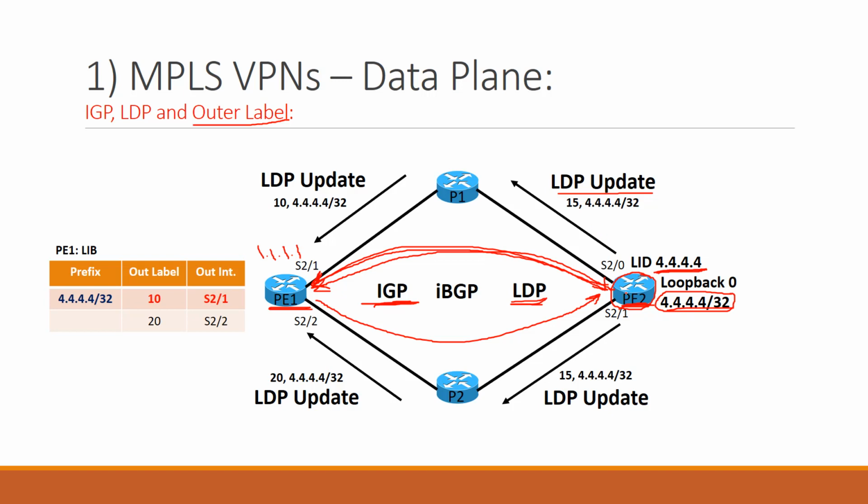And then BE2 has LDP neighborship with B1 and B2. So this prefix will be assigned a local label by BE2, let's say 15, and advertised to B1 and to B2.